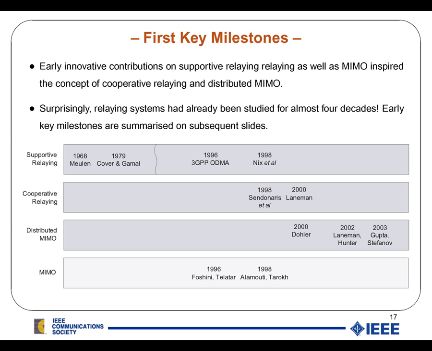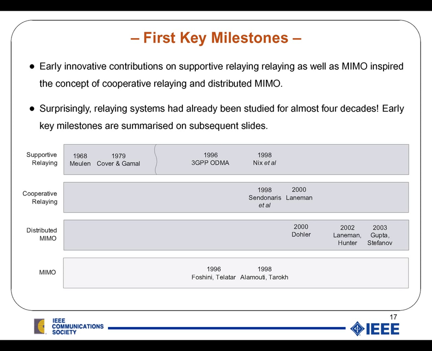These type of protocols have been picked up in 1996 with the 3GPP ODMA group, and later on analyzed in 1998 from Andy Nix from Bristol, which is a paper quite lost in space and time, but quite an interesting contribution and an early contribution in that area, showing the benefits of that type of supportive relaying protocols.